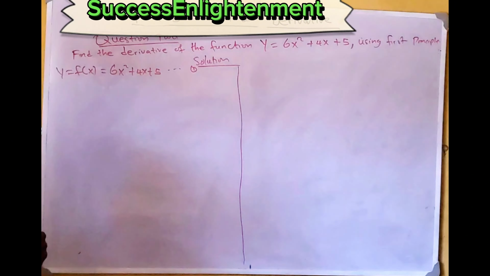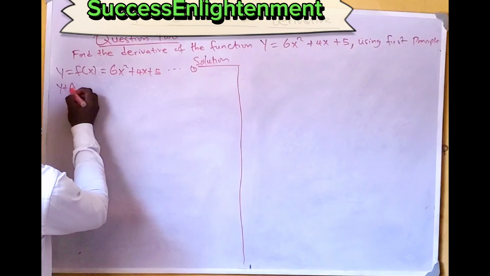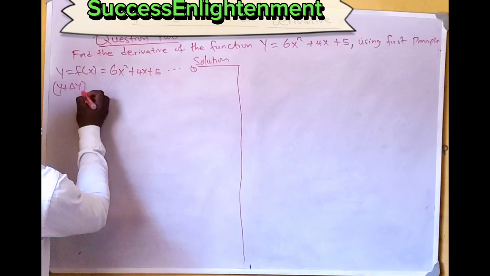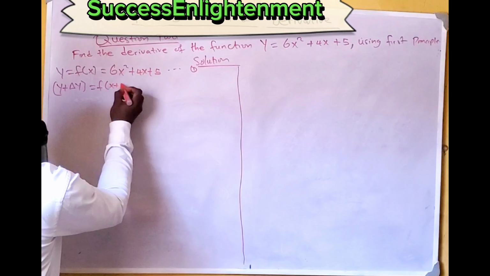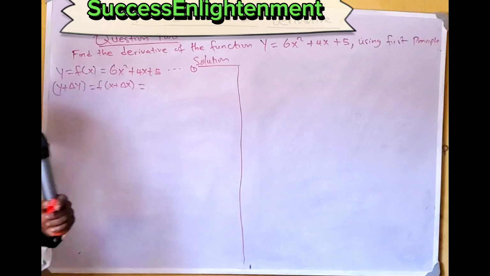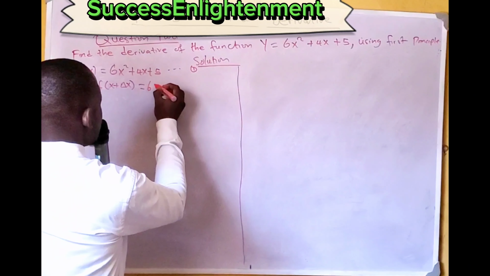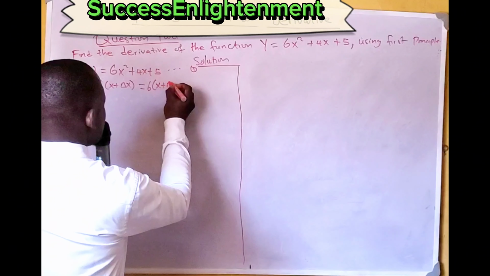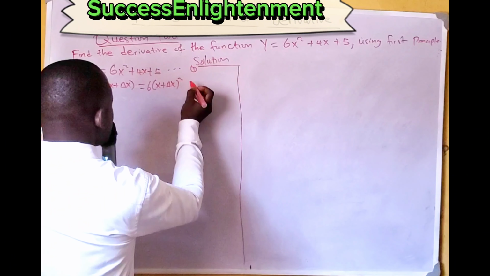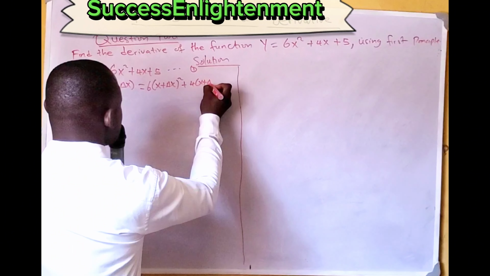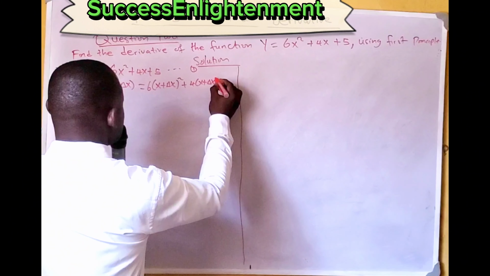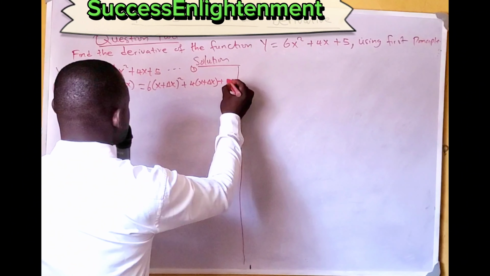So, what will be the new position when there is a change in x? We say y plus change in y equals f of x plus change in x. What this implies is that whenever we see x here, we replace it by x plus change in x. So this will be 6 into x plus change in x all squared, plus 4 into x plus change in x, plus 5.